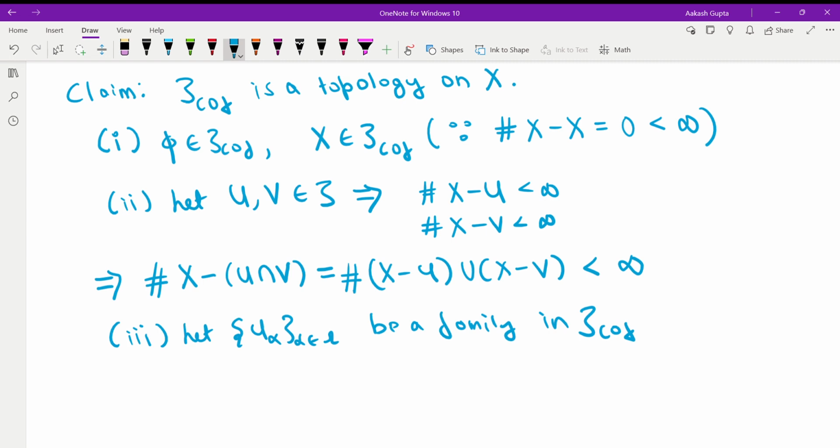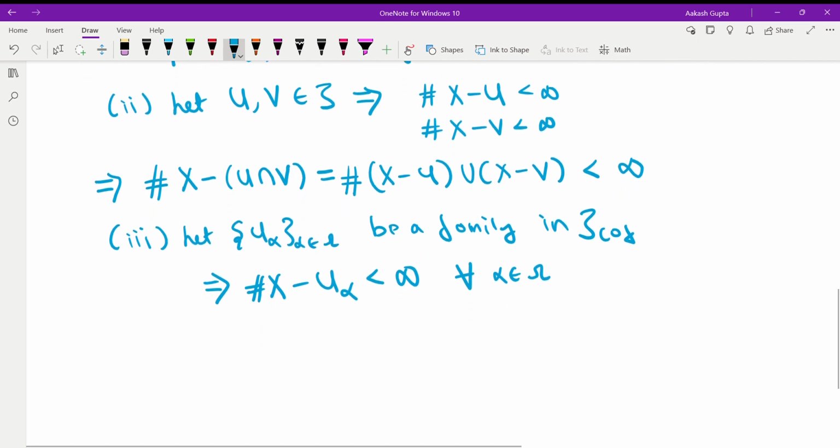Basically all U alphas are in tau COF. So what does it mean? Their complements are finite, for every alpha in the index set. Good.